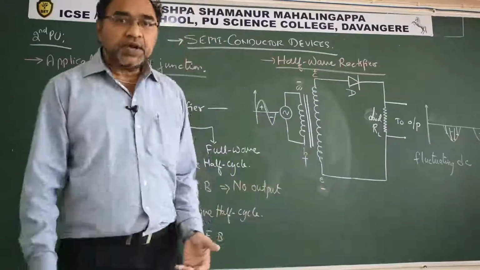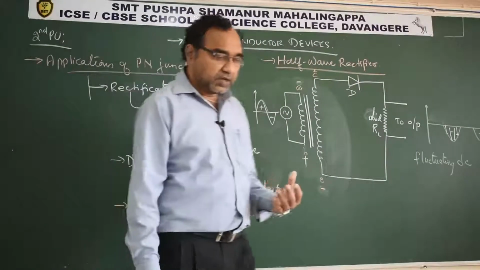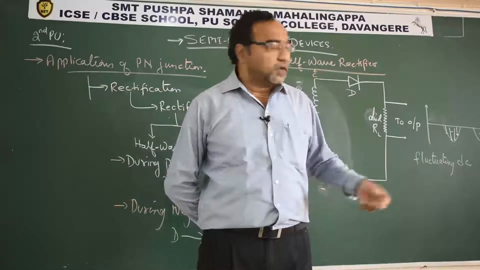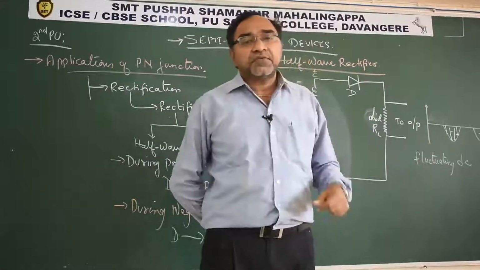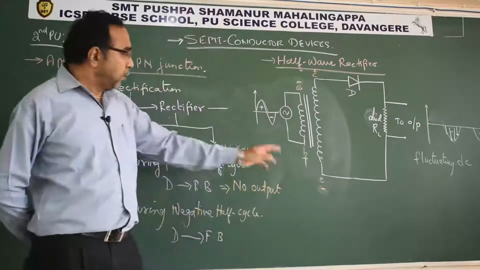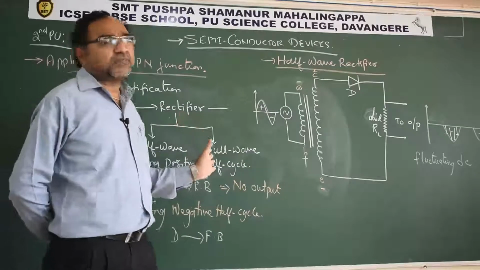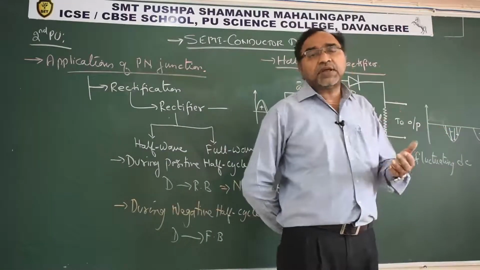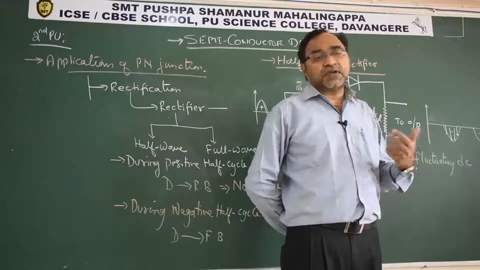Now this fluctuating DC output, if you remember, in the case of a charger, I told you there is a filter circuit, right? The output of a rectifier is fed to a filter circuit. The output of a rectifier, let us say a half wave rectifier, is a fluctuating DC. This fluctuating DC is fed to a filter circuit.